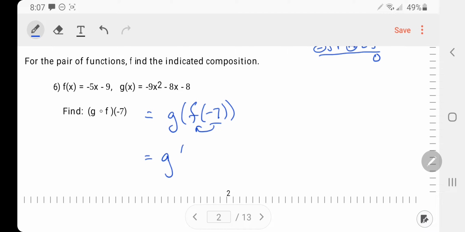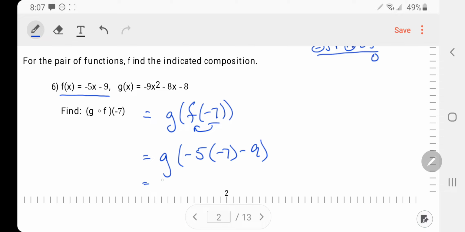So the first step is to plug -7 into f, right here, in for every x. That'll be -5 times -7 minus 9, and then we need to work that out. And so what does that make? That is 35 minus 9, which is 26.